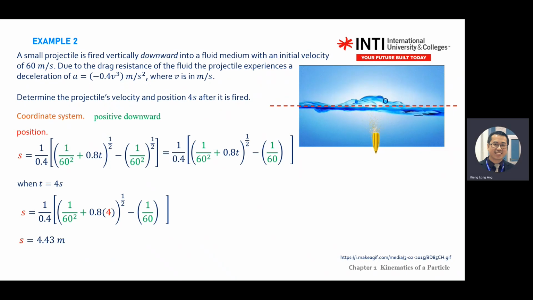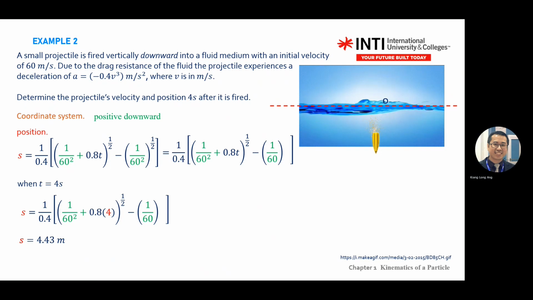What is our assumption? Just now early, we assume go down is positive, right? Okay, what is our general coordinate system we set?